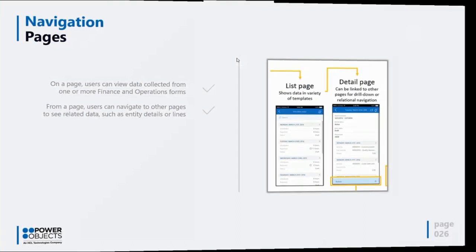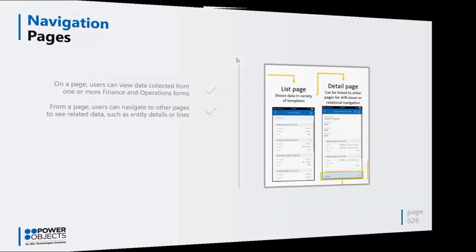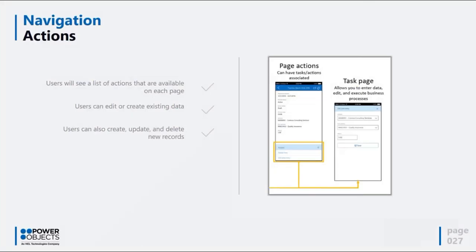So then if you're in a workspace that has actions involved, you're going to see at the bottom, highlighted there in yellow, a list of actions that are available on that page. So back to that customer example, if I'm looking up a list of customers or see customer detail, but I want to add a customer, down in that action section, you would see something that might say add customer.